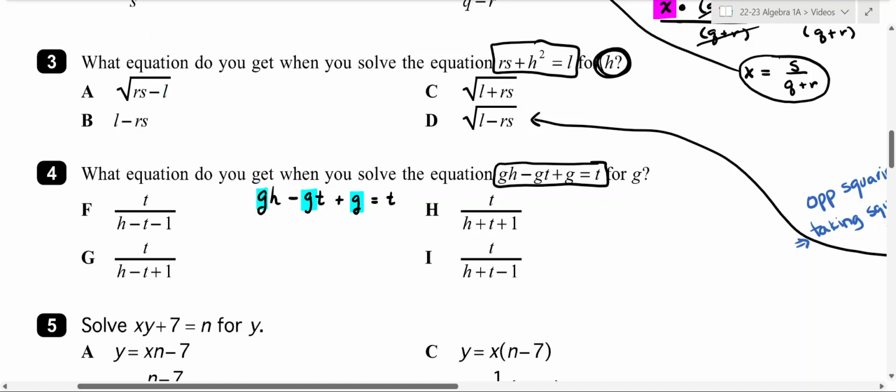So what we need to do is just like in the problem two problems ago, since it's in every single term, that means it was distributed into all those terms. We need to undo the distributive property, and so we're going to pull this out. We're going to factor it out. When we pull out the G here, you have an H left over. When we pull out this G, you have a minus T left over. And when we pull out this G, you have a 1 left over.